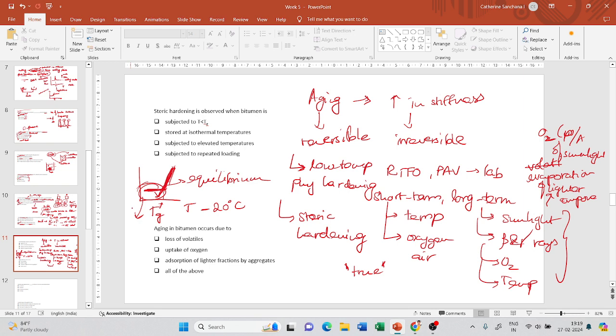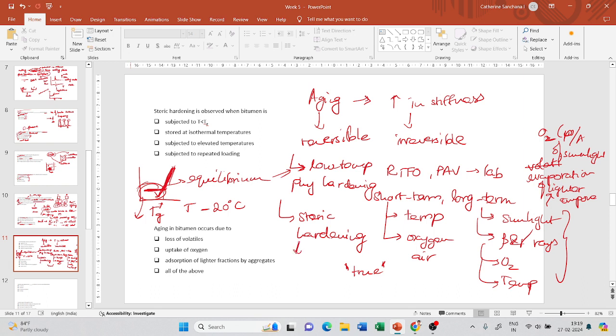Then this transient nature is lost, and you will be able to capture the response of the material. This is a low temperature physical hardening phenomenon, because it happens below glass transition temperature. There's one more phenomenon called steric hardening.